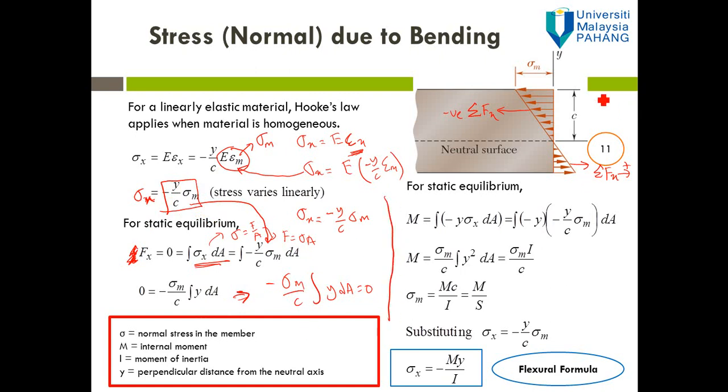Here, because the force is directed to the left and this force is directed to the right, what happens is it will create a moment M. Let's say this is the x-axis, this is y, and this is the z-axis.